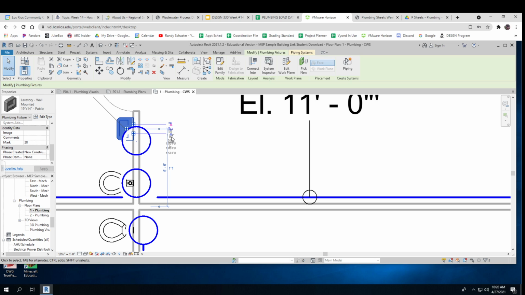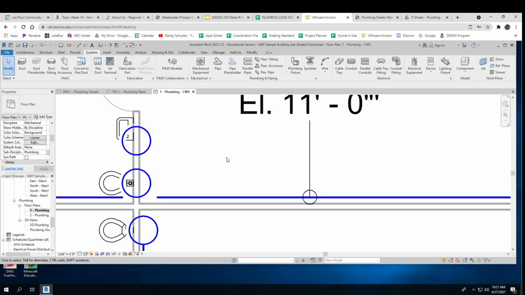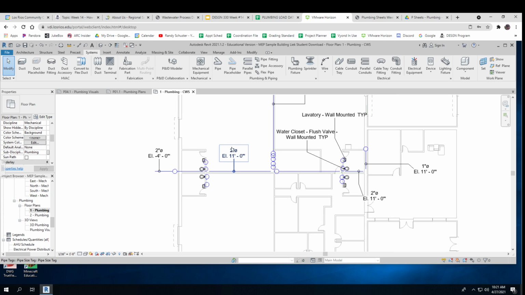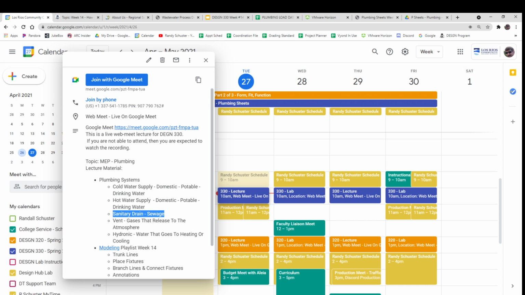There's a drain line right there. Straight pipe, drain line. And you would just hook up to the drain with sanitary drain. And it's always got a slope. It has to slope down. Okay. That's all we're really going to say about it in this case. I just want you to know that it does exist.